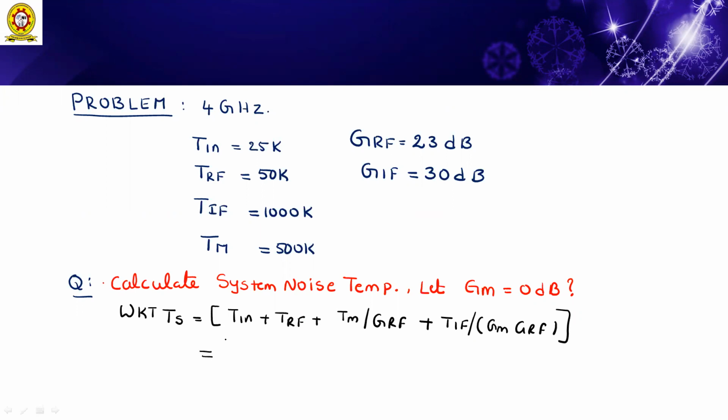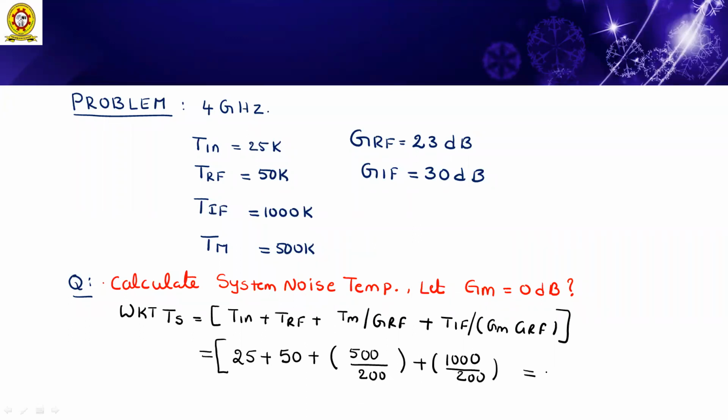From this, what is the T in here? 25. TRF, 50. What is the TM by GRF? So we have 500 divided by 200 plus 1000 divided by 200.